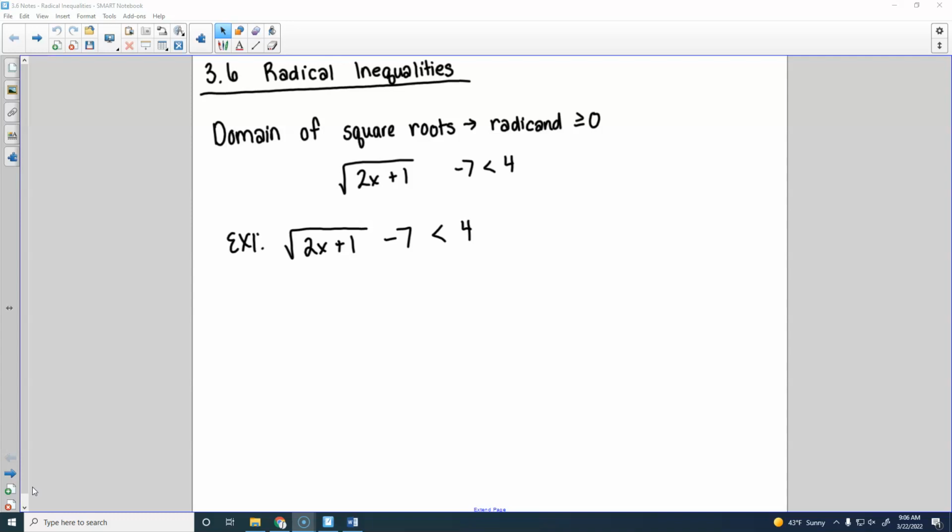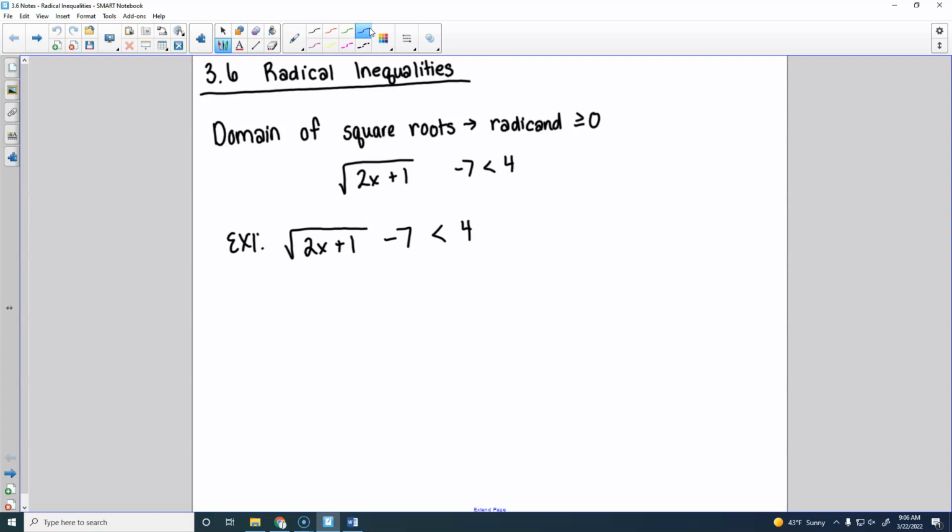Square root inequalities are going to be pretty straightforward to solve, but the one thing you have to pay attention to that's different than if it's an equal sign is that you have to think about the domain of square roots.